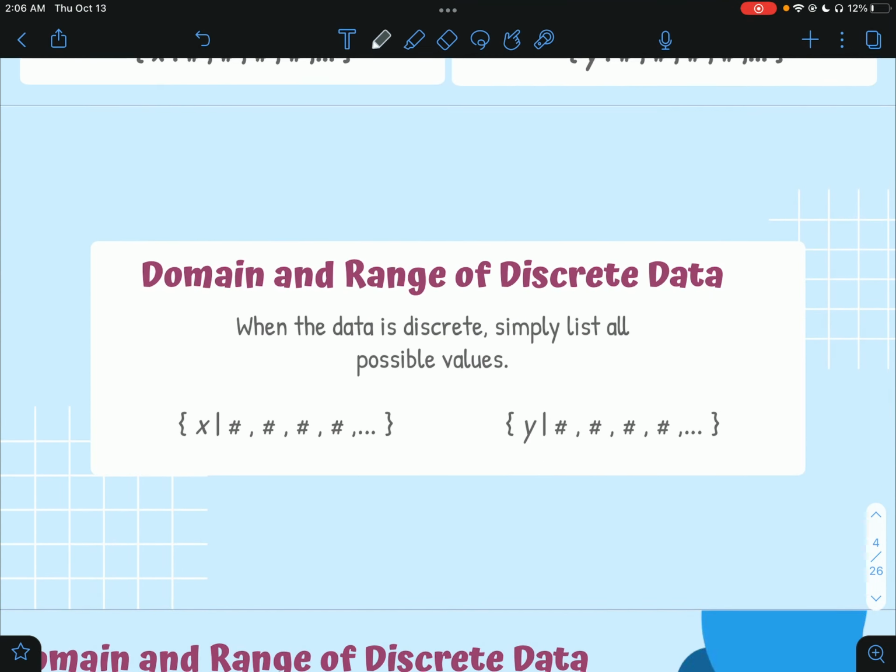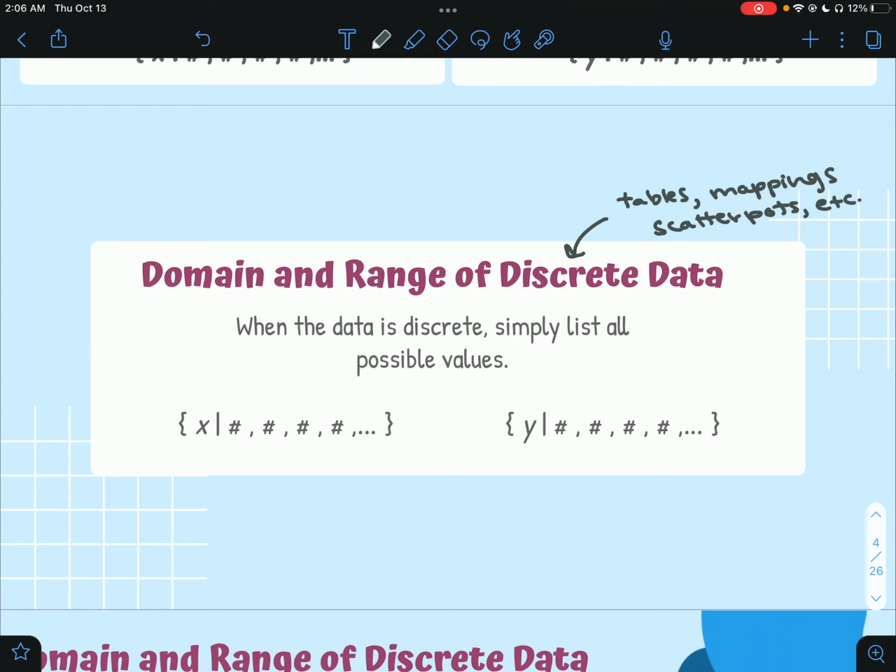Now, when you have domain and range of discrete data, we talked about discrete data is tables, mappings, scatter plots, etc. Things where the dots are not connected.